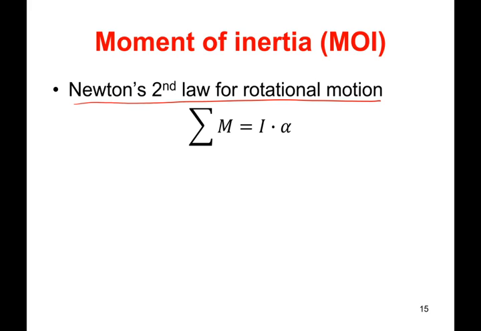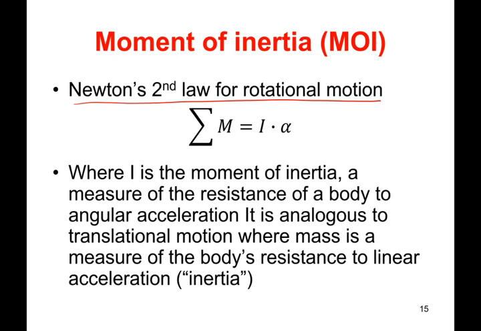That's going to be applied to moments instead of forces, because we are in a rotational motion. So the summation of all moments is going to be equal to your moment of inertia multiplied by your angular acceleration. Again, I is the moment of inertia.